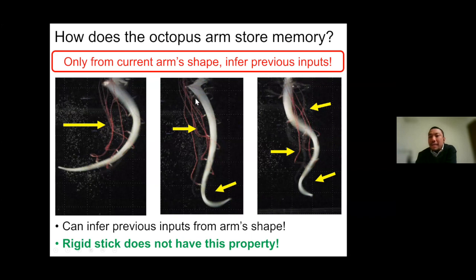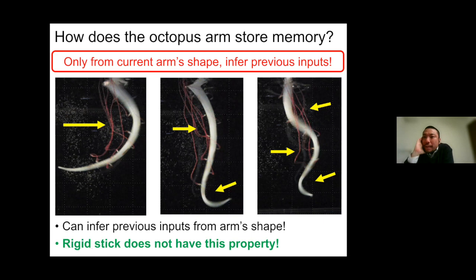Because the effect of this actuation propagates from the base to the tip with delay, by checking the shape and the bending, we can say that the motor behaved like this, or like this. In this case, because we have 3 bends. That's the intuitive explanation.